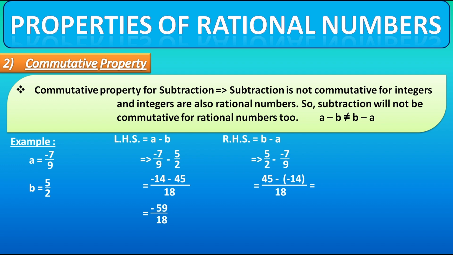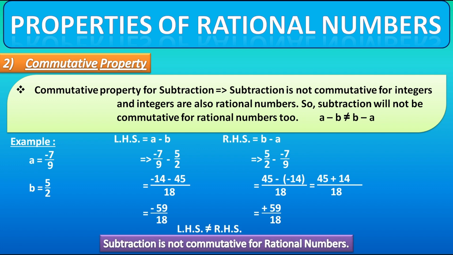So 45 plus 14 is equal to 59, but with a positive sign, because the bigger number is 45 which has a positive sign. Now I got the same answer, but the signs are different. Because the signs are different, we can't say that LHS is equal to RHS. LHS is not equal to RHS. That's why subtraction is not commutative for rational numbers.